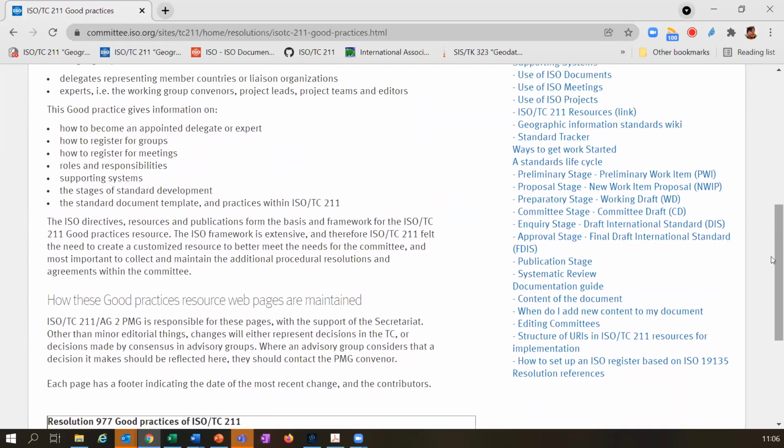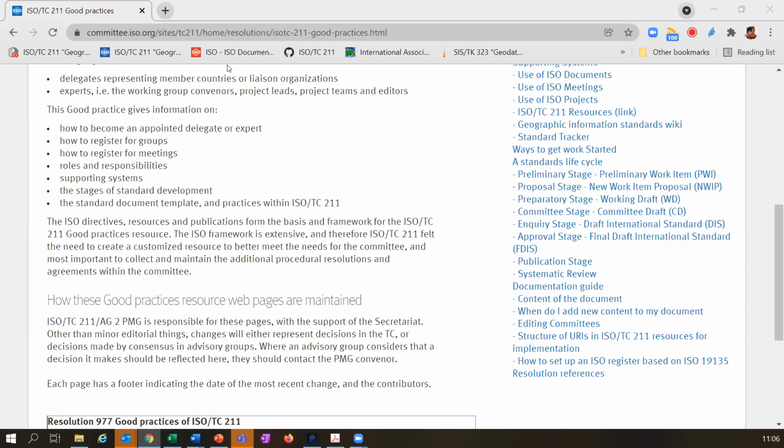Then we come to maybe where we had most questions to the Secretariat, and that has to do with the creation of standards, with how we work with managing the document process for standards.